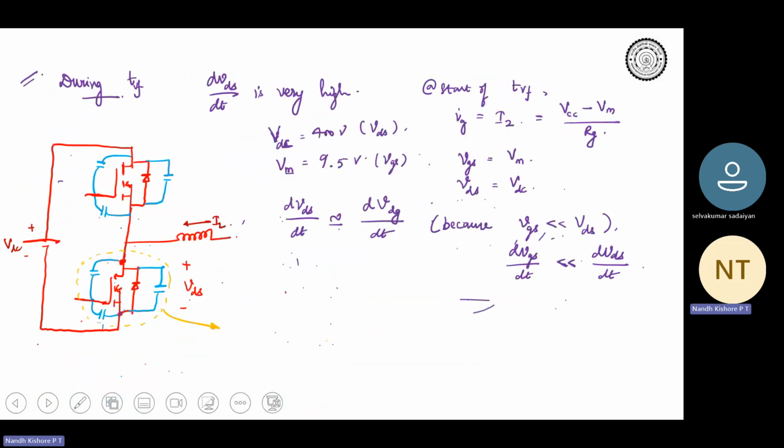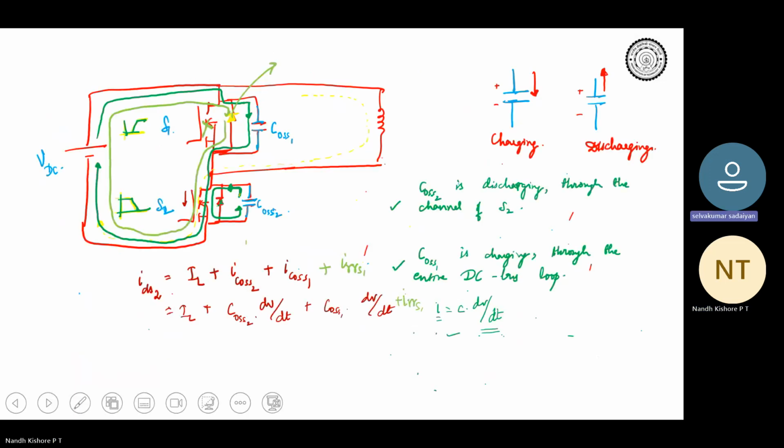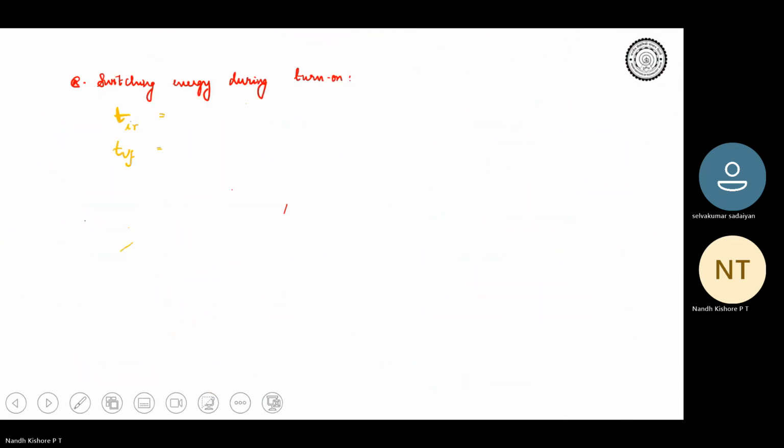Okay, so we have found out all the values, right? Can you tell me the value for current rise time TR? Do you have that ready or should I calculate? Voltage fall time was 14.7 nanoseconds.